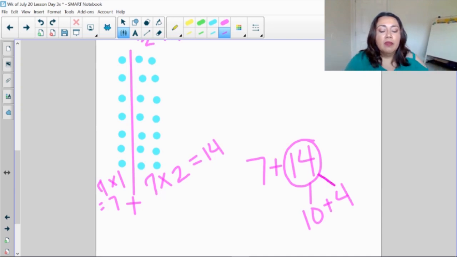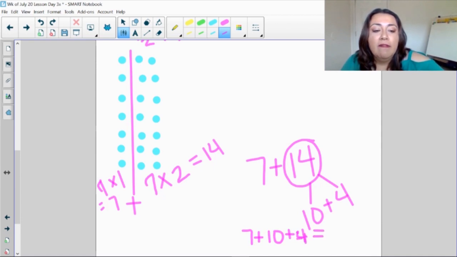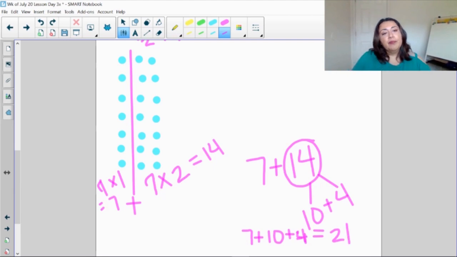Ahora puedo sumar los tres números. Puedo sumar 7 más 10 más 4. Y la respuesta es 21.